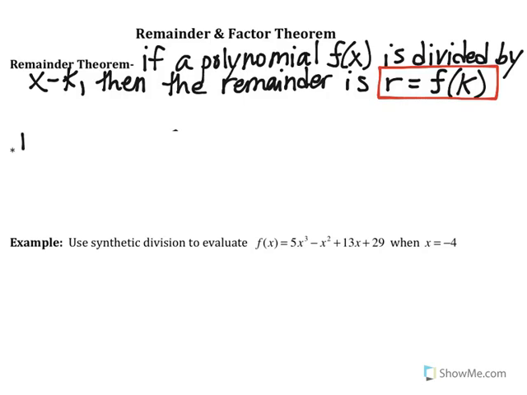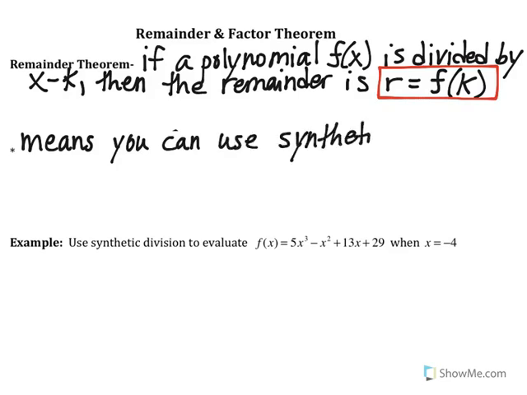So it means you can use synthetic division to evaluate a polynomial function.